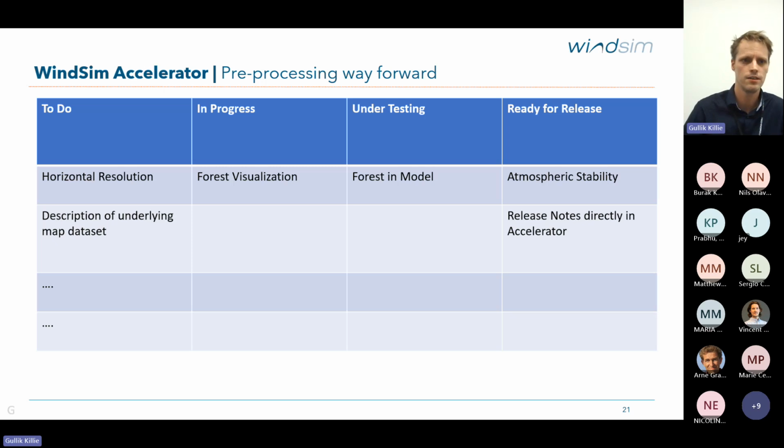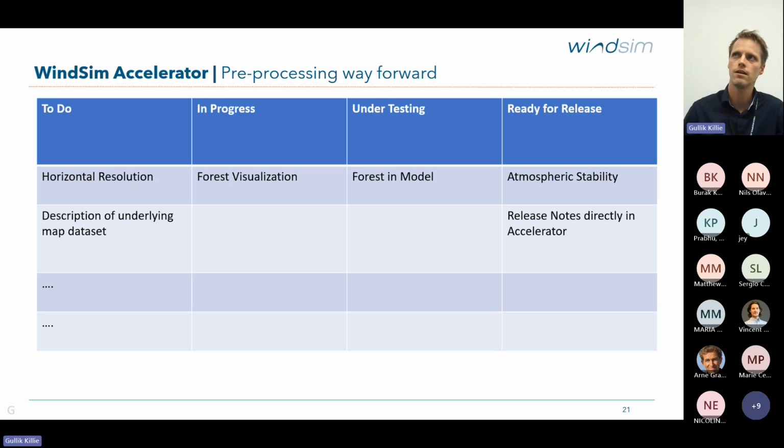On Accelerator, on our to-do list, we have setting horizontal solution and description of the underlying map data set. In progress, we have forest visualization, and under testing, we have forest included in Accelerator. That's only on the development server now, so I couldn't show it to you, but it is undergoing testing.